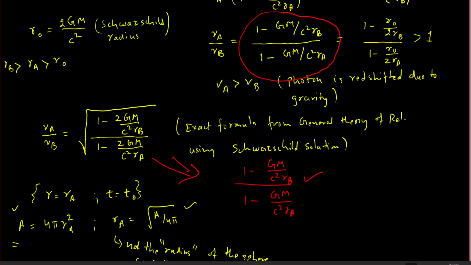So in the limit when the Schwarzschild radius is small compared to RA and RB, the redshift formula derived in general relativity reduces to the formula that we derived in Newtonian gravity.